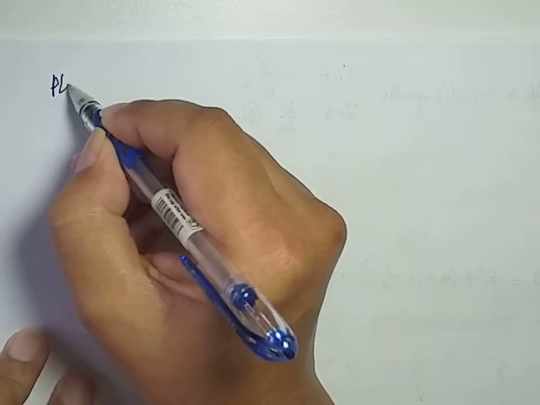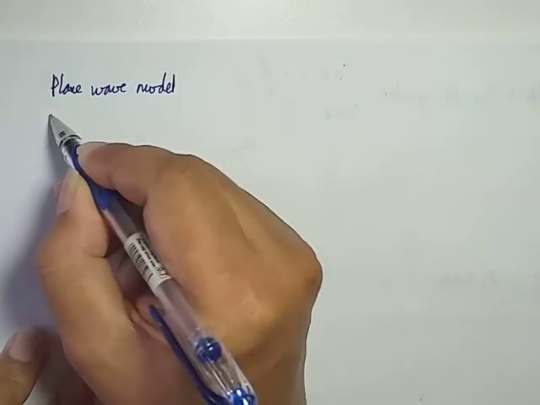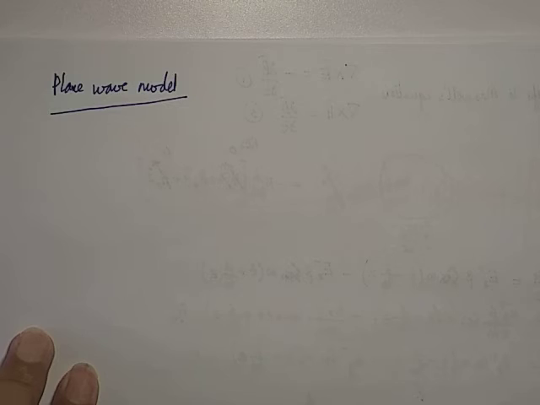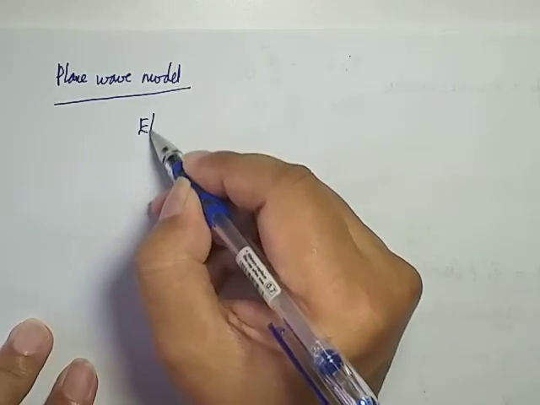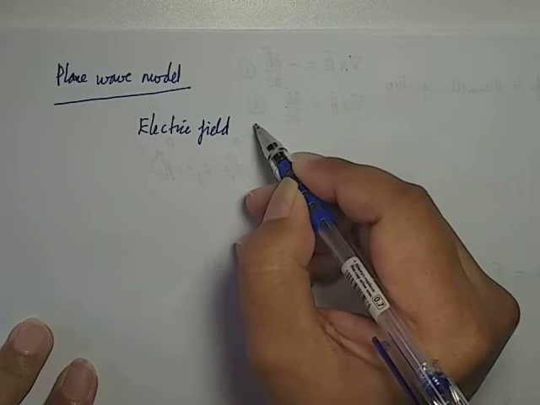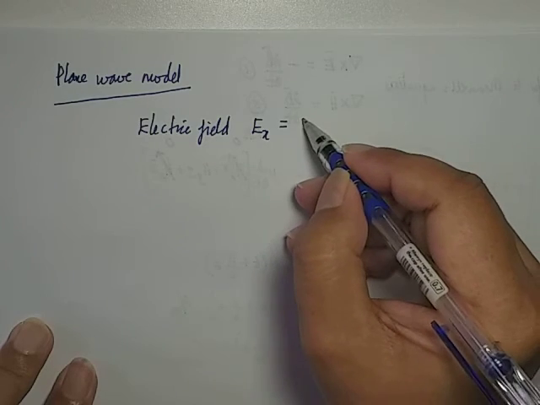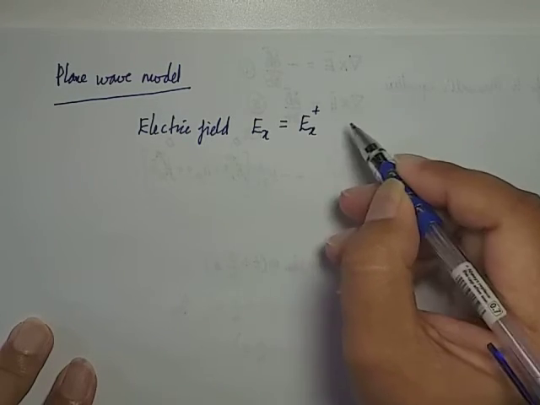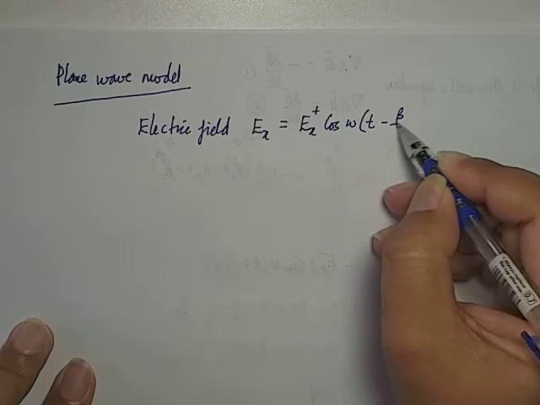Okay, so let's recall now. This is our plane wave model. Based on our effort today, we have solved for the electric field. In this discussion, Ex, I'm just going to take the positive, ignoring the other side, is Ex positive cos omega t minus beta over omega z.